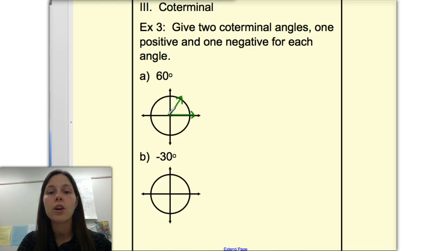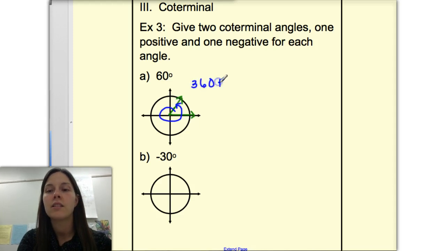So we're finding 2 coterminal angles, one that is positive. The way to find the positive coterminal angle will be to take this ray and rotate it the full 360 degrees plus 60 more. So you're going to take 360 plus 60 degrees to get our first coterminal angle of 420 degrees.